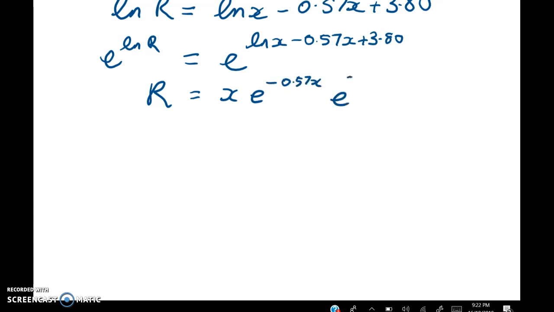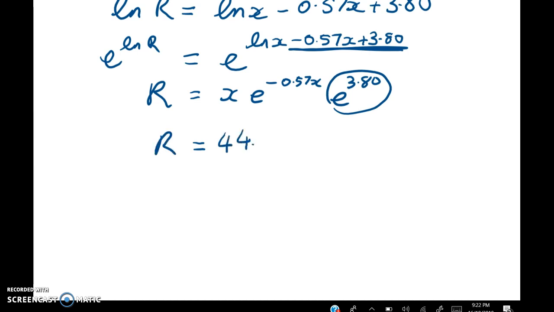And I'm going to split this one as well, although you could just leave all of this up as a power. That would be okay. But working that through, this constant works out to be about 44.7. So we get an expression for R of 44.7x e to the negative 0.57x. Okay, so that's rounded to 3 significant figures in there.